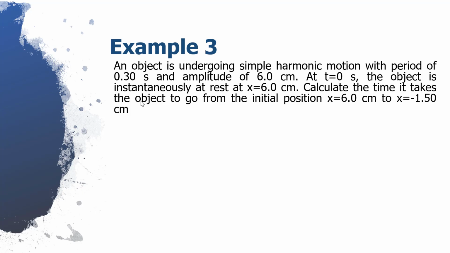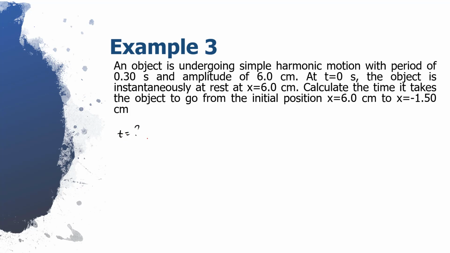Calculate the time it takes the object to go from the initial position x equals 6.0 centimeters to x equals minus 1.50 centimeters. So the problem here is you need to solve for the time it takes to go from the initial position 6 centimeters to the final position minus 1.5 centimeters.